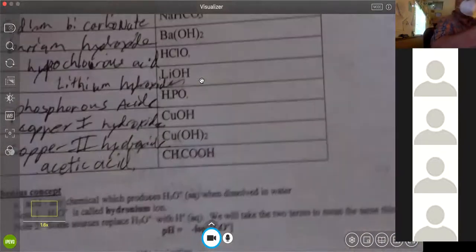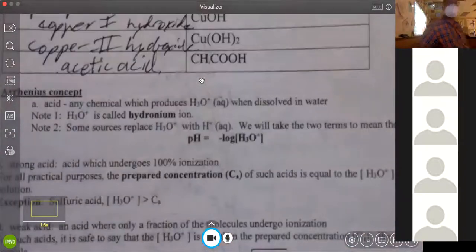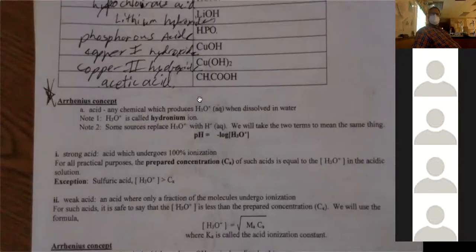All right. Let's take a look at the Arrhenius acid and base concept. An Arrhenius acid is any chemical that produces H3O plus, hydronium ions, is what they're called, when dissolved in water.